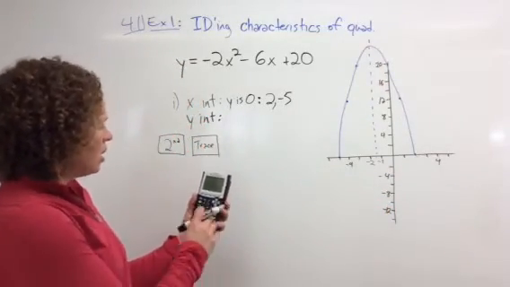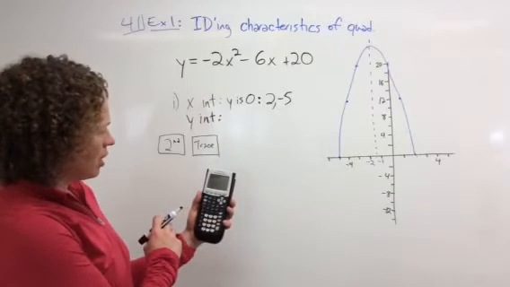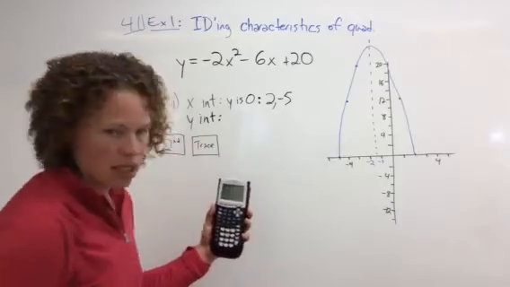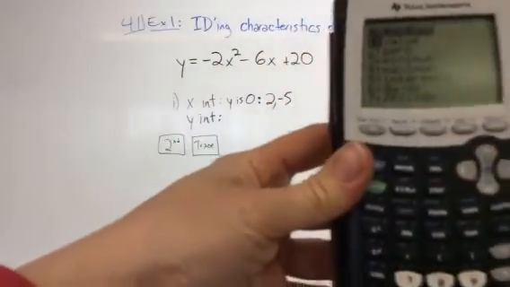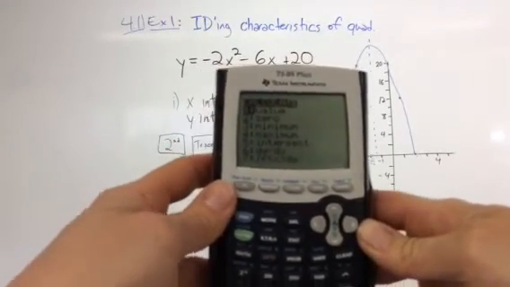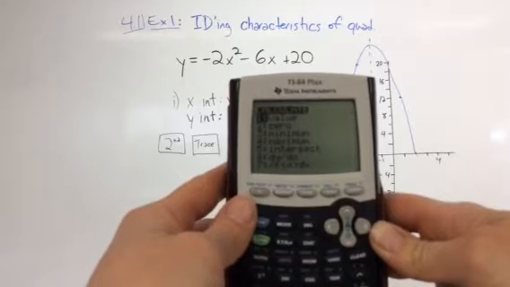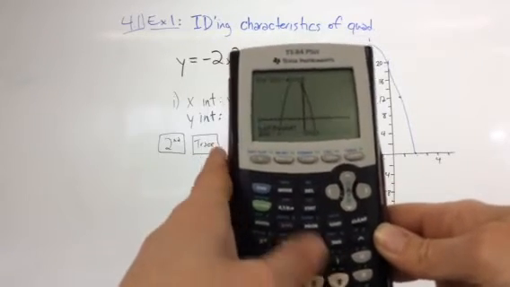All right. Now I've hit my second function, trace, and it comes to a screen that looks like this. What I want for this one is my zeros. So I can page down to the 0, or I can hit the 2.